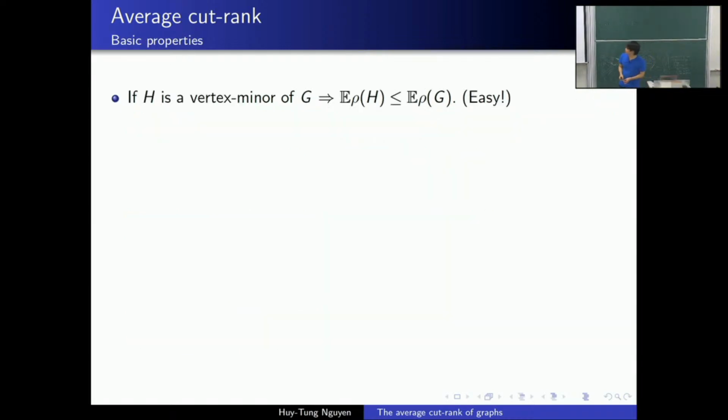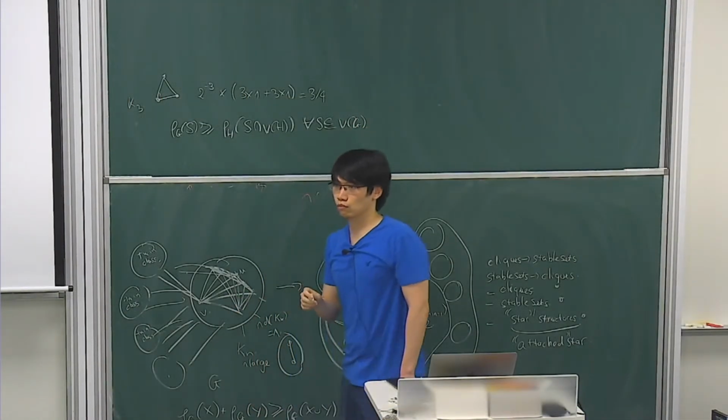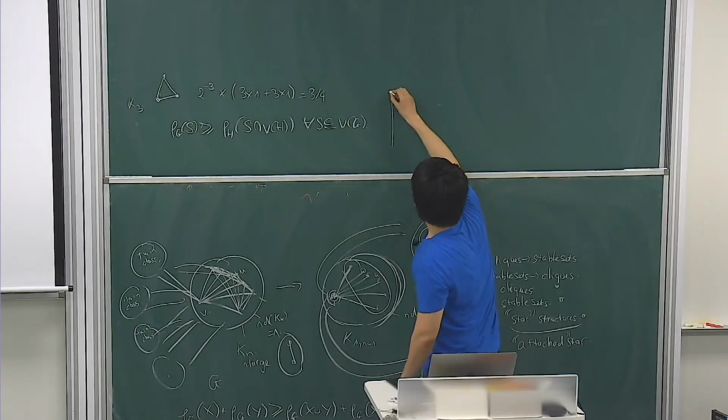Okay, and so now we come to the basic properties of the average cut rank. The first is that if H is a vertex-minor of G, then the average cut rank of H is at most that of G, and that is easy. Why? Because if you see, then it is really just the inequality.